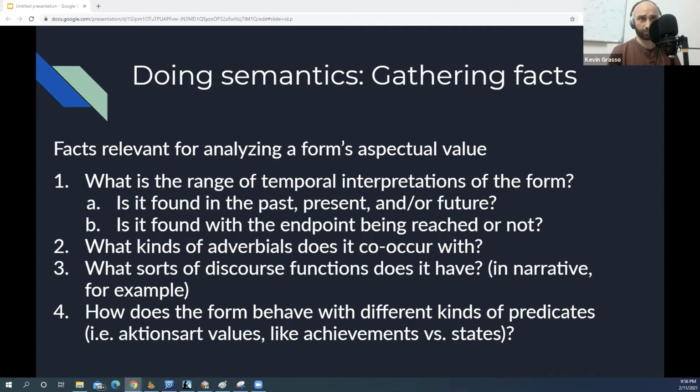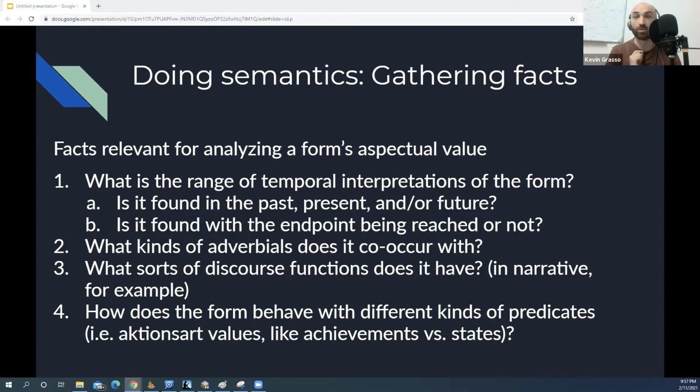So let's think about some of these questions, right? First of all, we need to ask, what is the range of temporal interpretations of the form? And when I'm saying temporal, I'm including aspect in that, right? Because it's just a temporal relationship. So we just need to go through the different kinds of examples and see, okay, is the endpoint reached or not in this example?